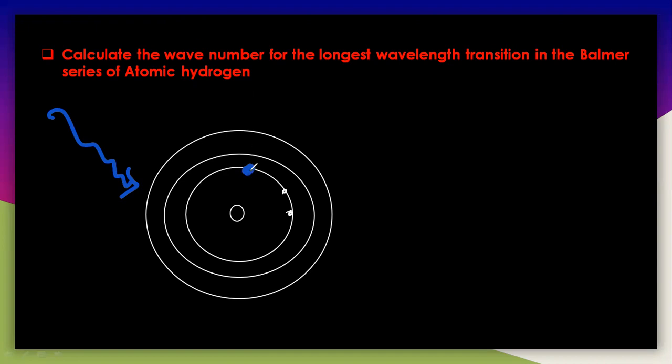Generally this electron will be excited from here to here. Why is it excited? Because the electromagnetic radiation is absorbed by this electron and it is excited to a higher energy level. First the electromagnetic radiation is accepted by this electron, and this electron is excited from the ground state to the excited state.